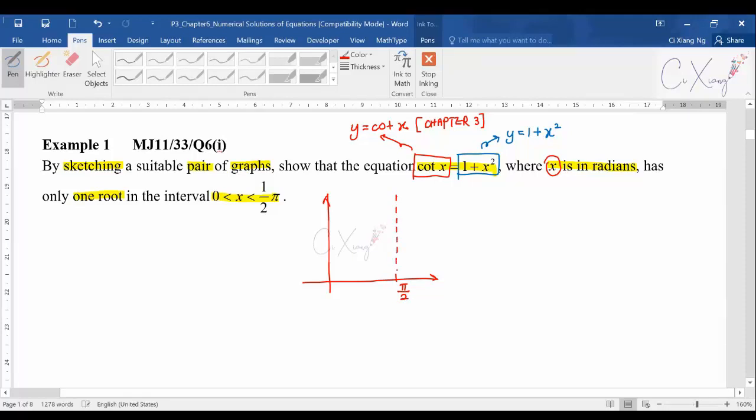Maybe I just draw a line here to remind you that I only want to cover from 0 until pi over 2. The graph for cotangent x is the reciprocal of tangent x, right? According to the graph that I have, it should be something like this. So this is y equals cotangent x. There's no special technique. What you need to do is just refer back to the chapter 3 notes, or you can learn again how to draw the reciprocal function.